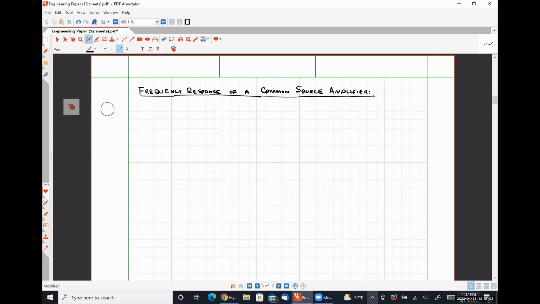So let's start with low frequency analysis. And to that end, we are going to be analyzing this circuit. Here's R1.